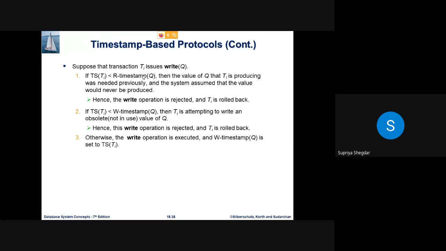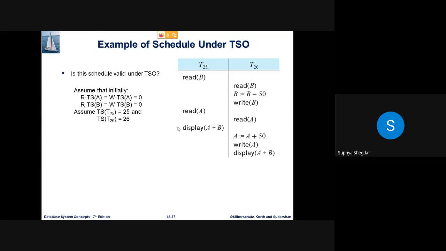And other than these two conditions, if the transaction's timestamp is greater than or equal to the read or write timestamp, then in this case only we can perform the write operation on the data item. Okay, have you understood the timestamp based protocol?